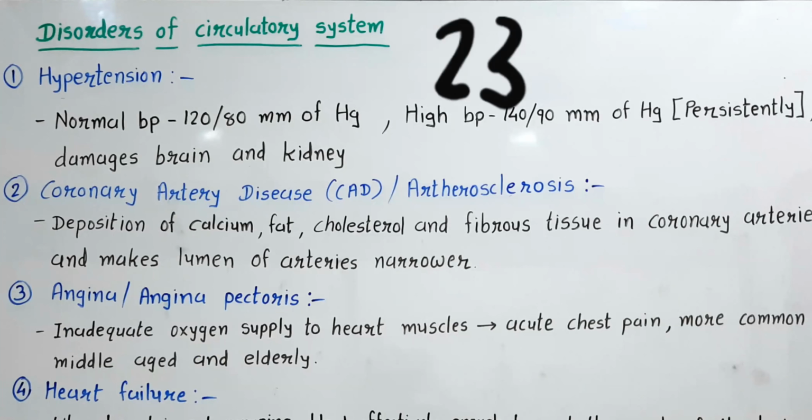First of all, this pressure is measured in terms of mercury level, so the level of mercury in that column, that is millimeter of Hg.